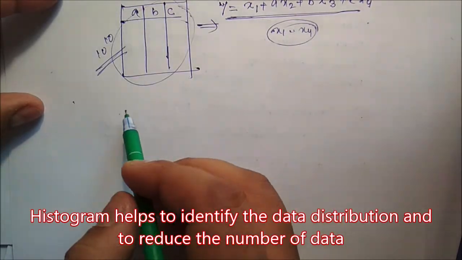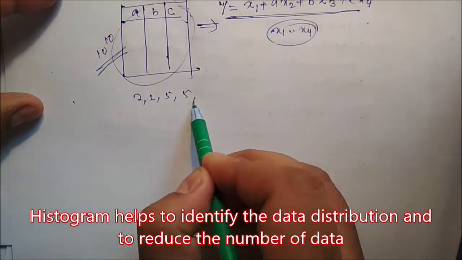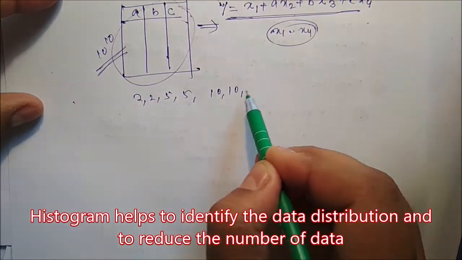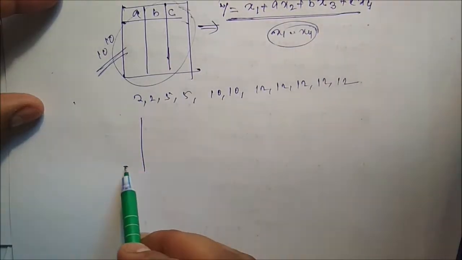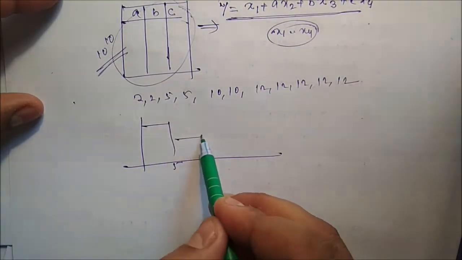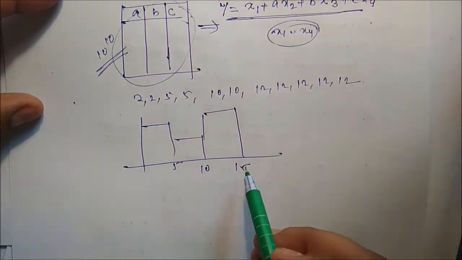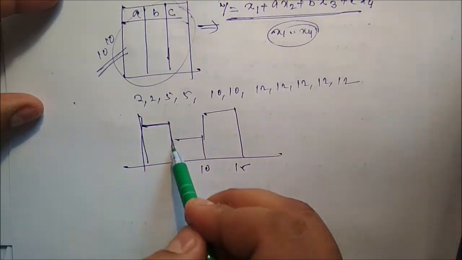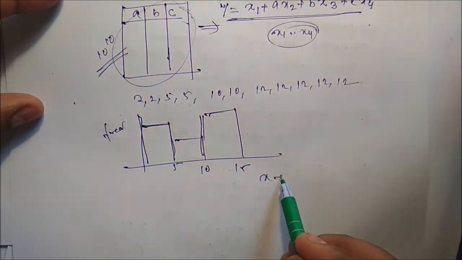In a histogram, say there are a few data values, say 5, 5, 10, 10, 12, 12, 12, 12, 12. So we can create a histogram, say 0 to 5, then 5 to 10, then 10 to 15. Say this is the frequency, and this is the x value.